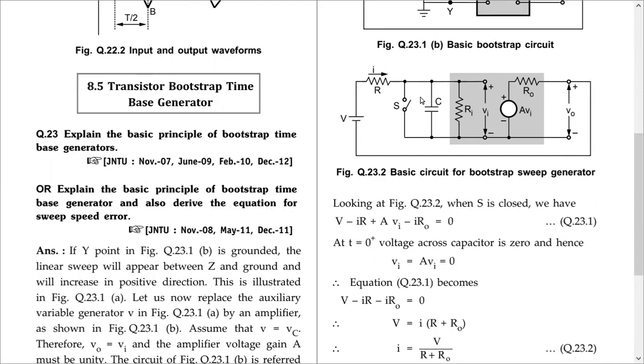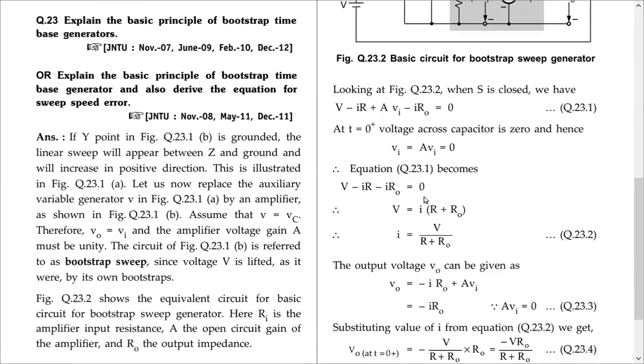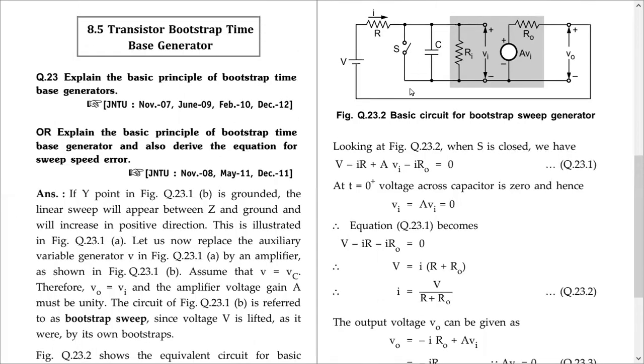So all this explanation is valid, because just before the switch is closed or opened, the capacitor behaves the same, because a capacitor doesn't allow sudden change in voltage across it.